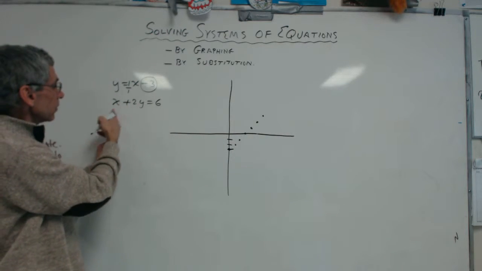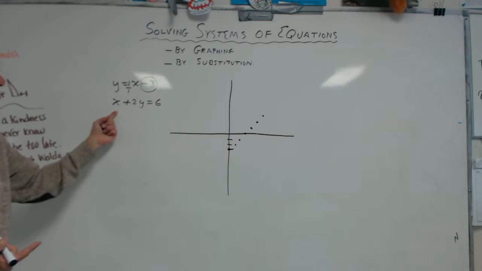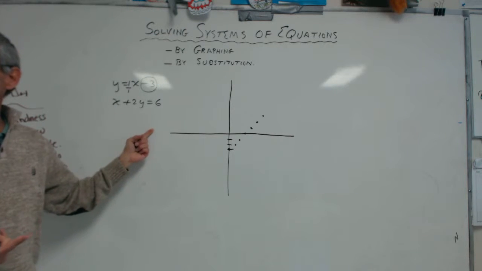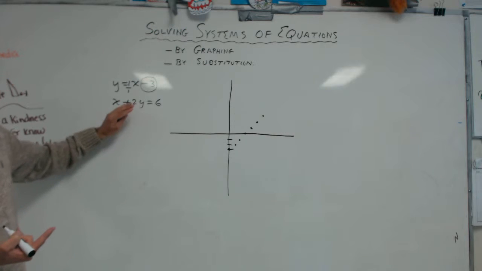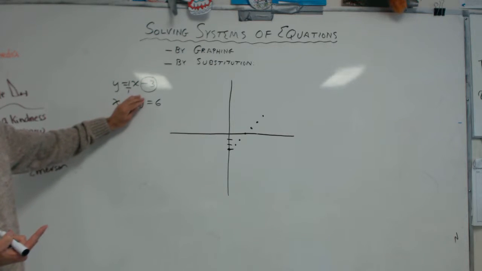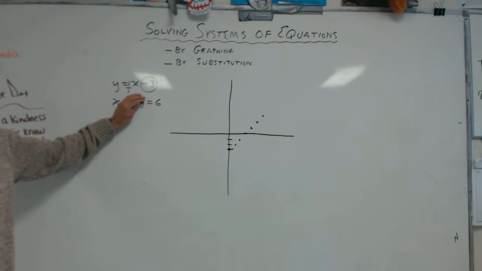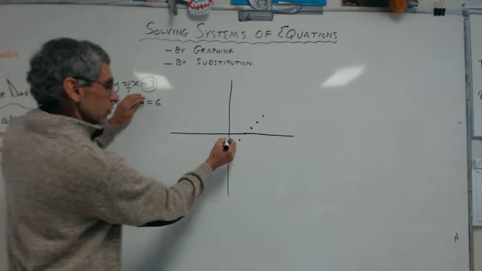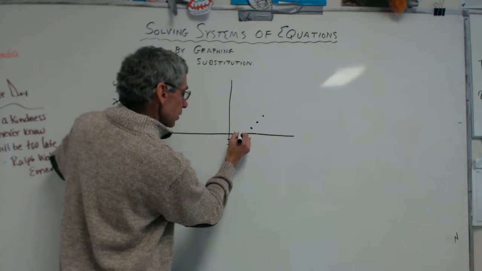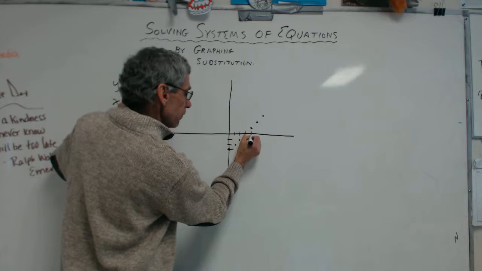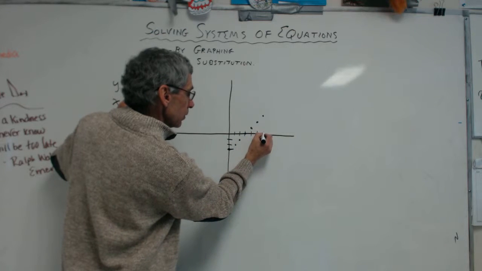So now let's figure out this one. How would I graph this? This is in standard form. If I make y equal to 0, I'll find my x-intercept. X equals 6. So here I count 1, 2, 3, 4, 5, 6.